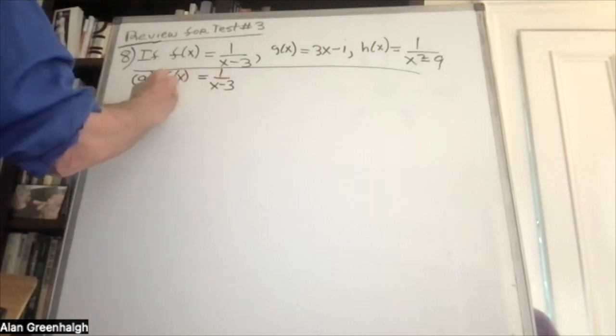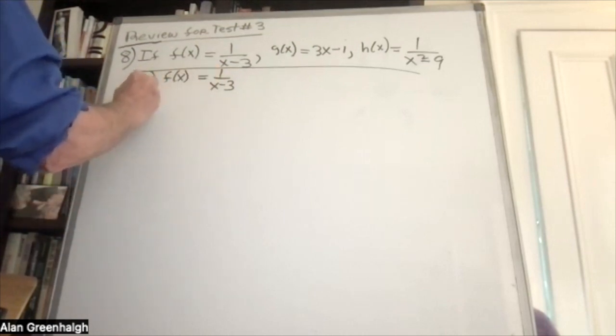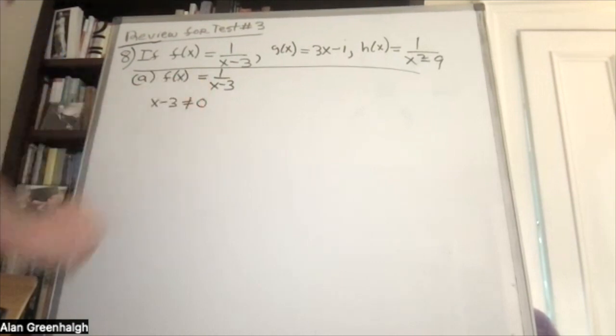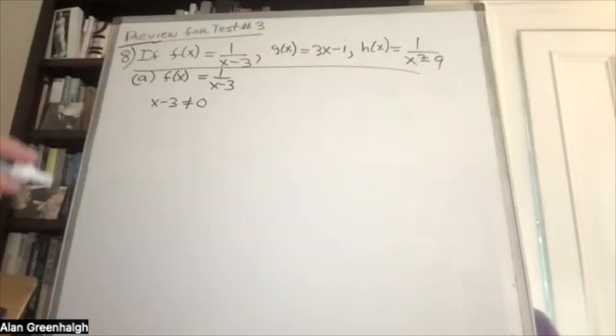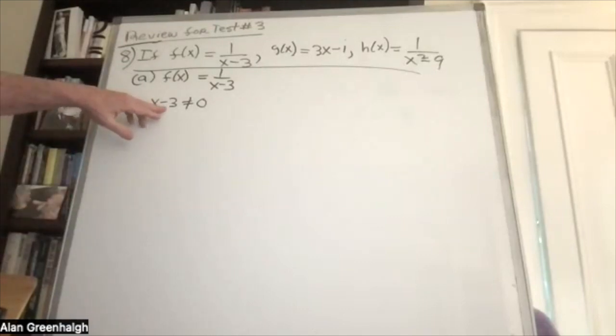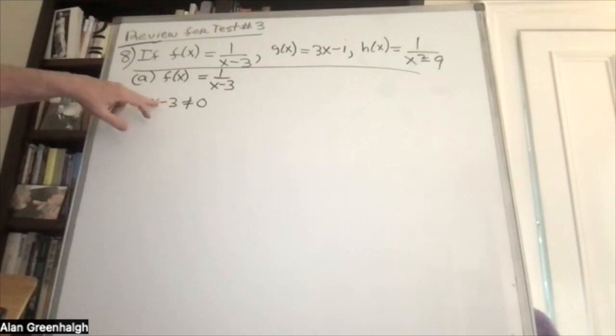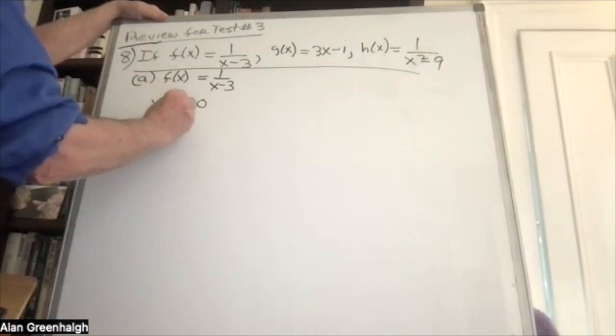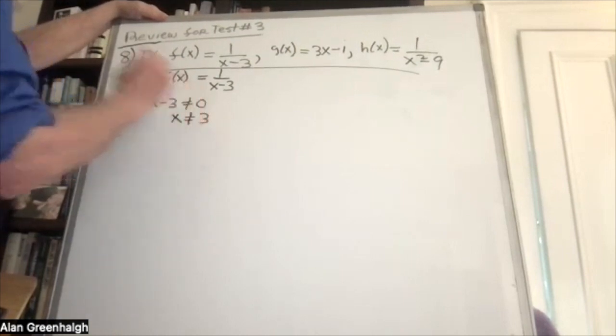So in other words, x minus 3 cannot equal 0. That's the only problem. And the answer is x cannot equal 3.